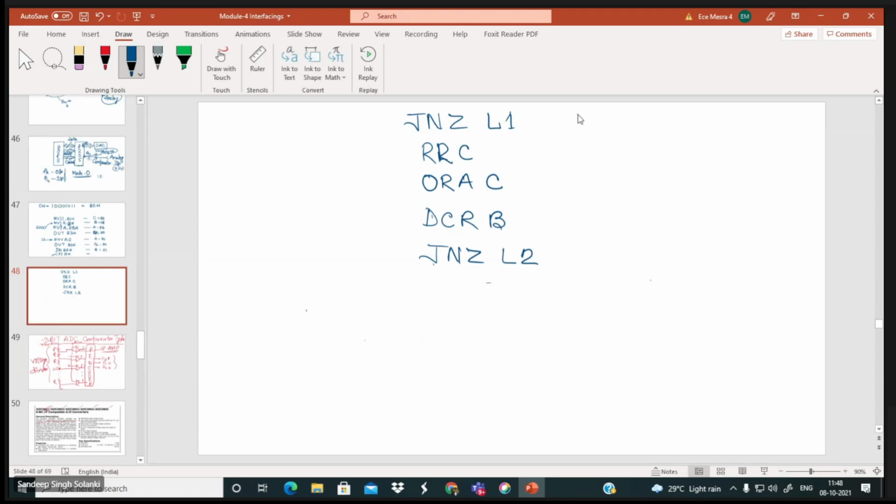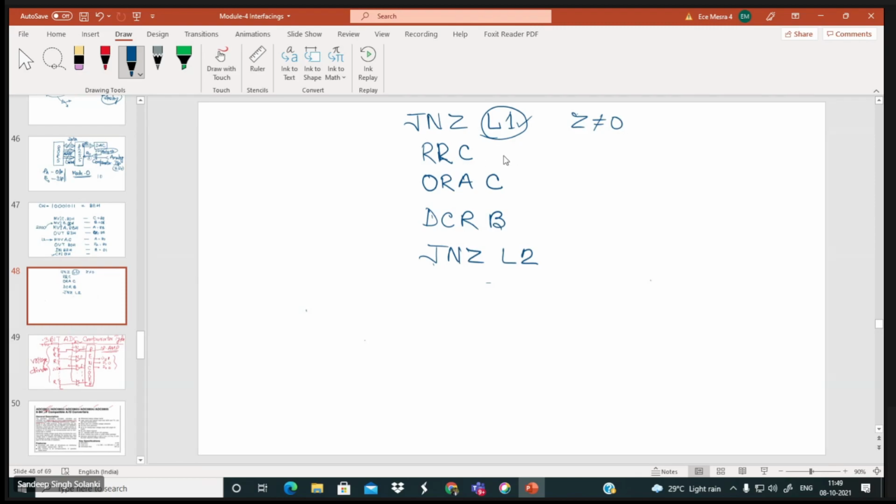Here, what we are saying is that if there is no zero, then we will be going for this. Means the true condition will take your program execution to L1. But I am saying that it is not true, it is false, means Z is equal to 1.